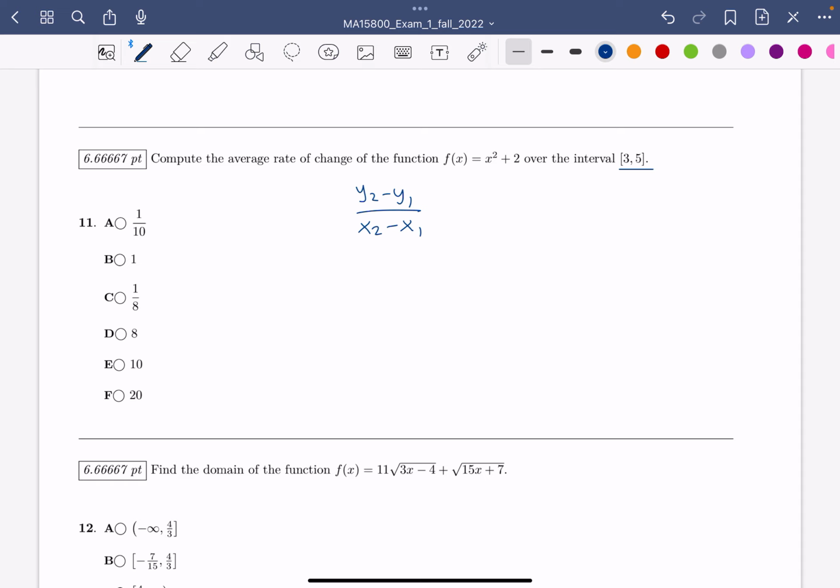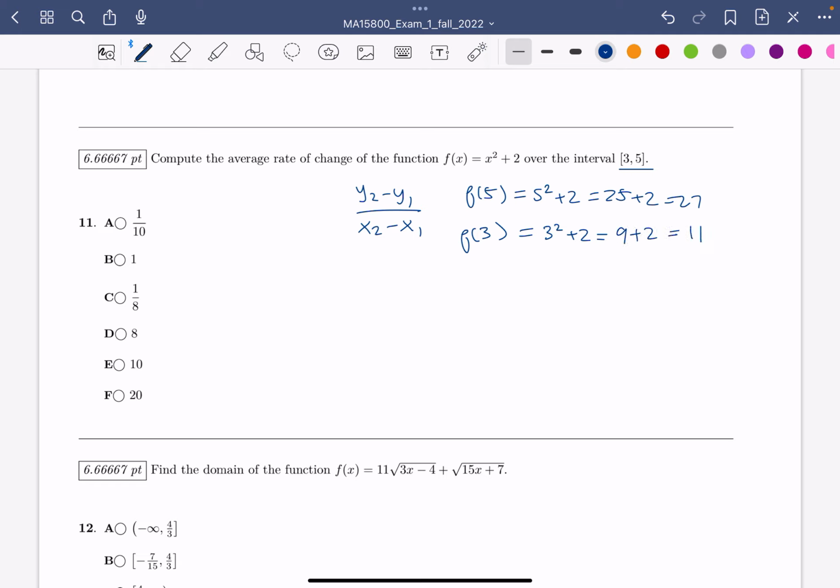So let's start with 5. So f of 5 equals 5 squared plus 2, or 25 plus 2, or 27. And then f of 3, or our y1, equals 3 squared plus 2, or 9 plus 2, and that equals 11.